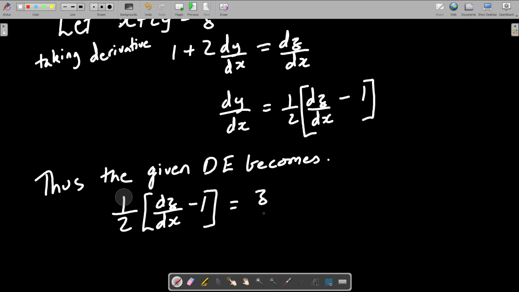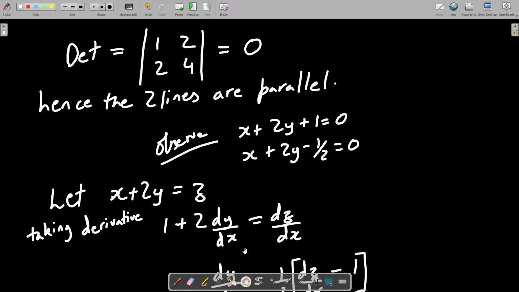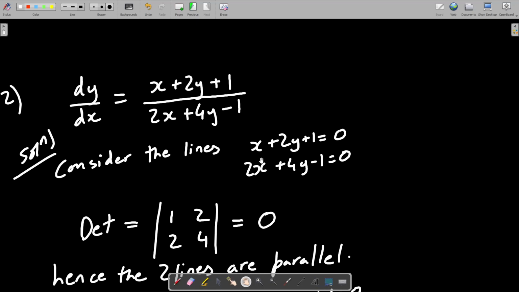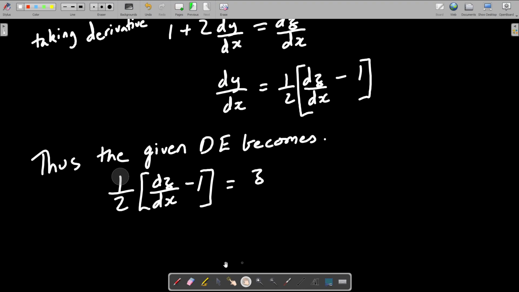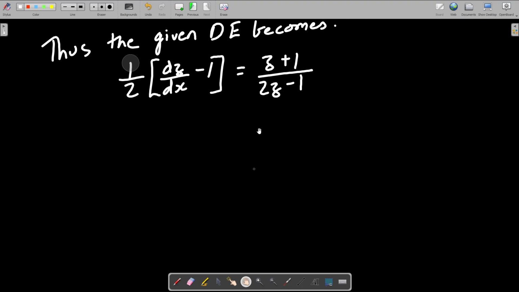what is the question I had given you? x plus 2y I have taken as z. So z plus 1 and 2z minus 1 it will be. Okay, the numerator is z plus 1 and this is 2z minus 1. Okay, denominator will become 2 times z. Clear to everyone now how I got this 2z here? Okay, that 2 was common for x and y, so I can write it like this. Okay, so let us simplify this now.